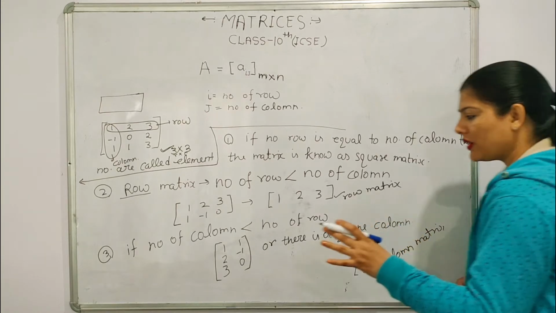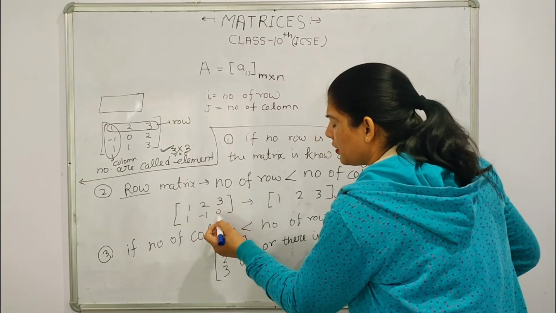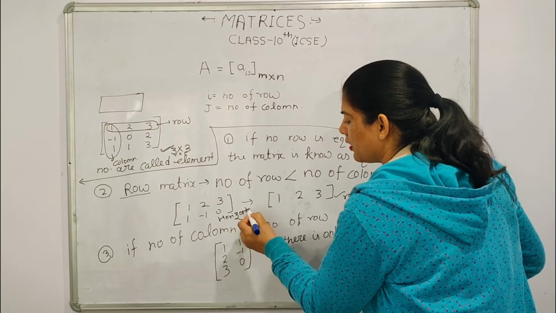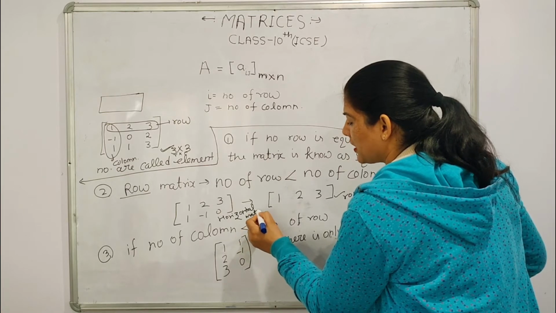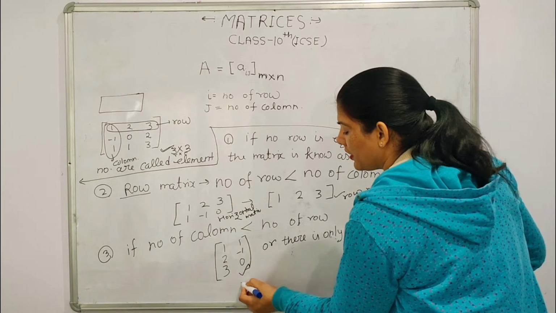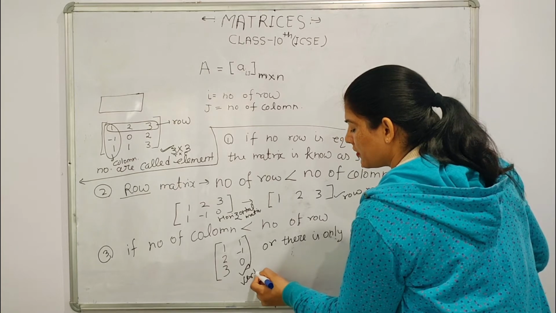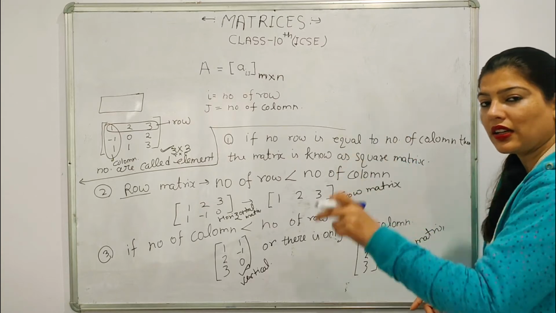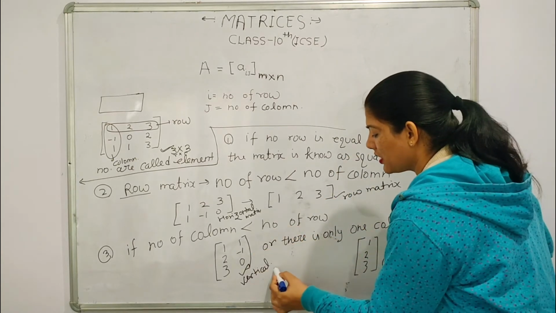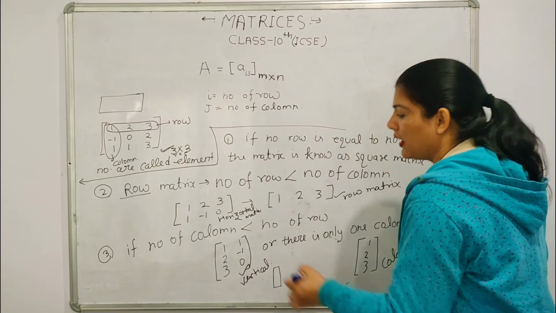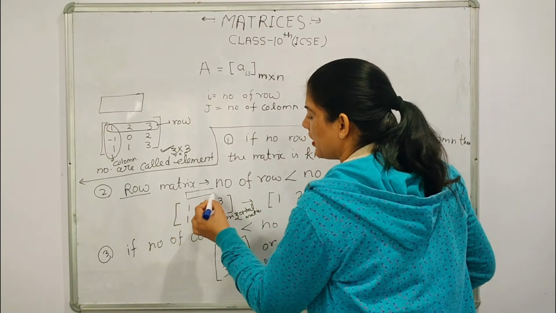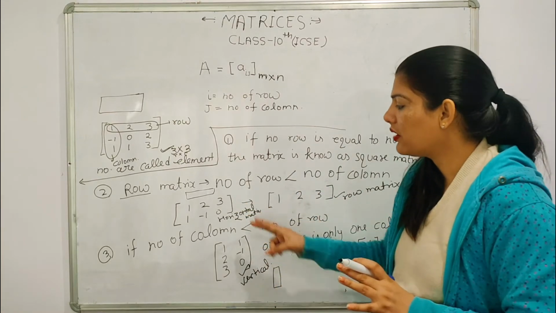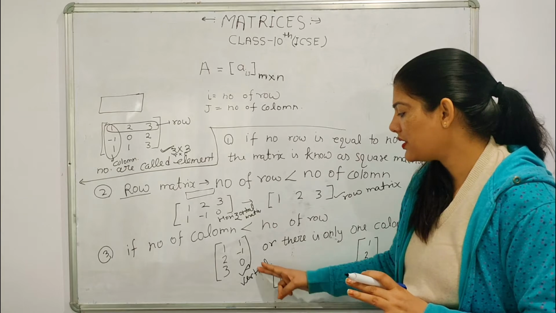And if the number of rows is less than the number of columns, then you can call it a horizontal matrix, and it comes under row matrix, and you can call this a vertical matrix, or a vertical rectangle. Here the representation is like this, and here it is like this. In both cases the matrices are rectangular, but here it is horizontal and here it is vertical.